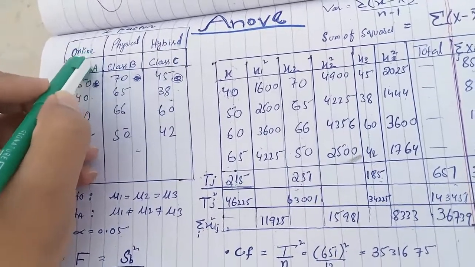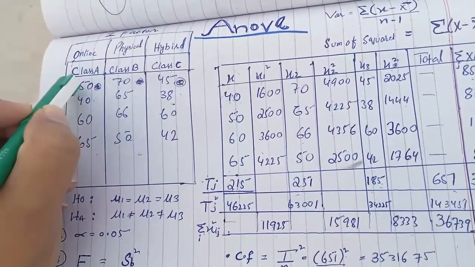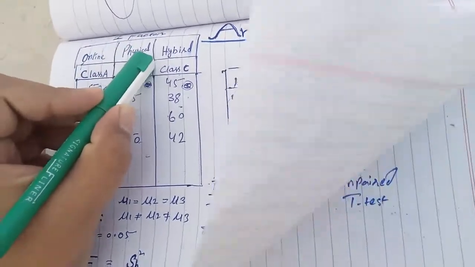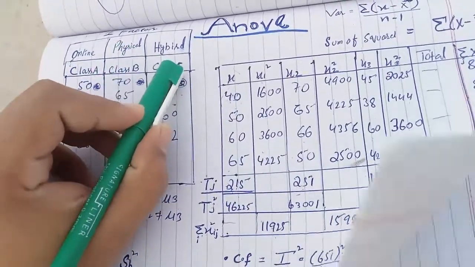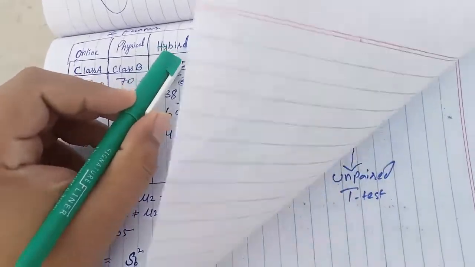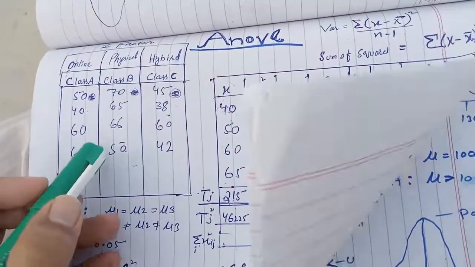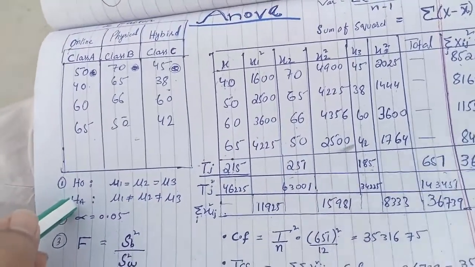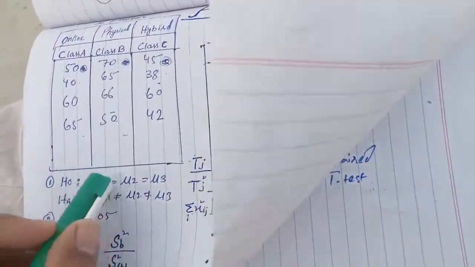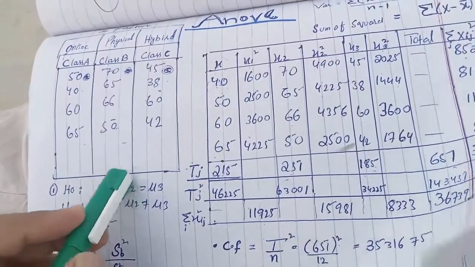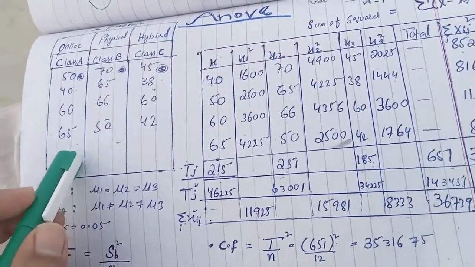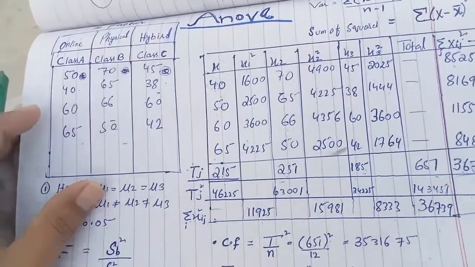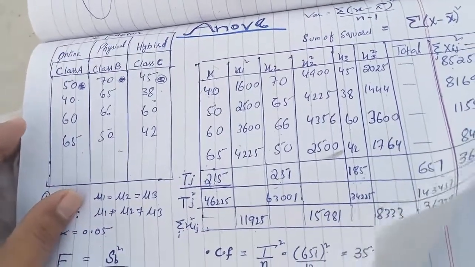If class A takes the online class, class B takes the physical class, and class C takes the hybrid class, there will be variation in the average of the student marks. This is what the alternative hypothesis is saying: there is no equality, or I can say no equal marks of the students.